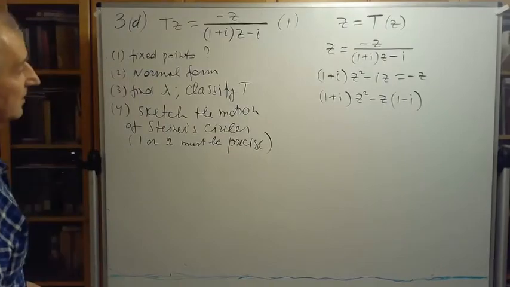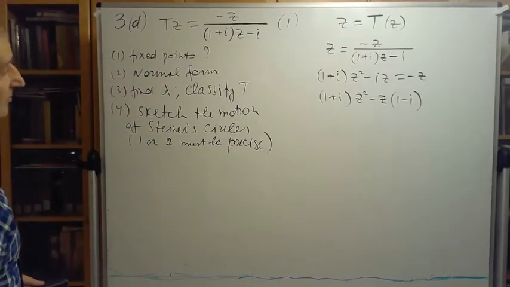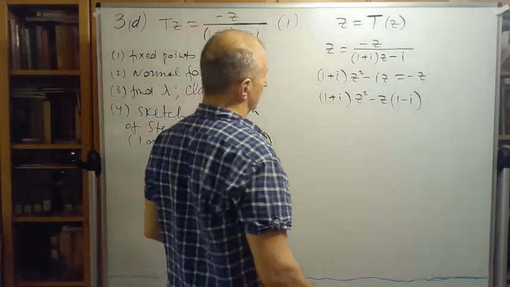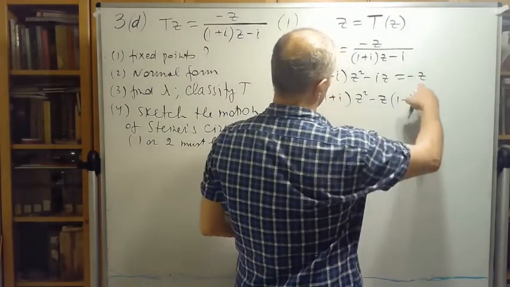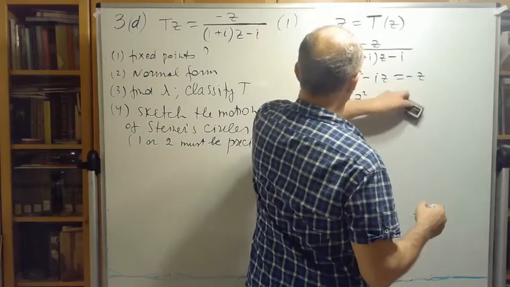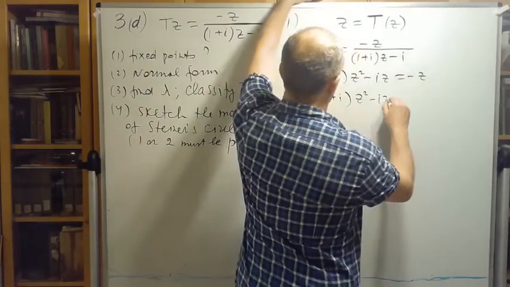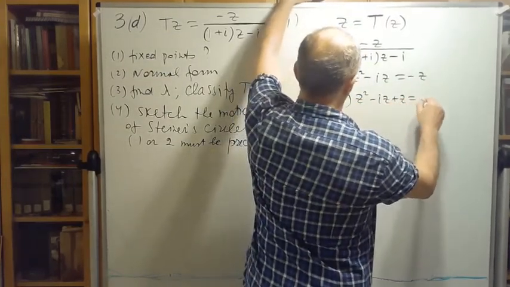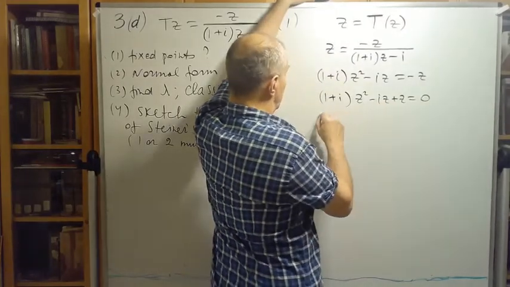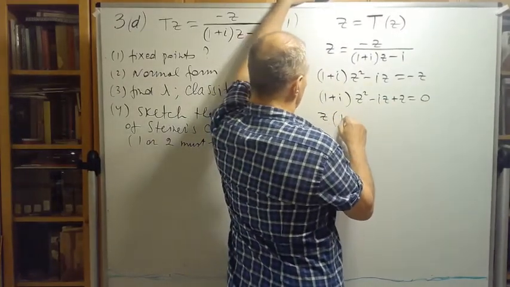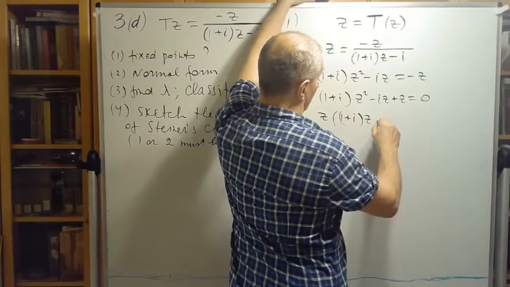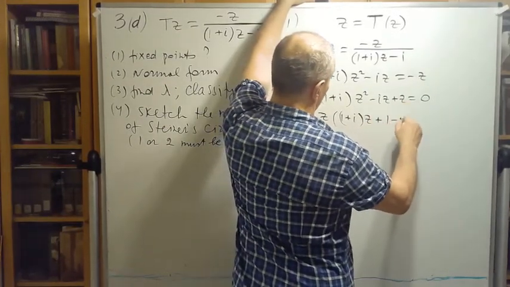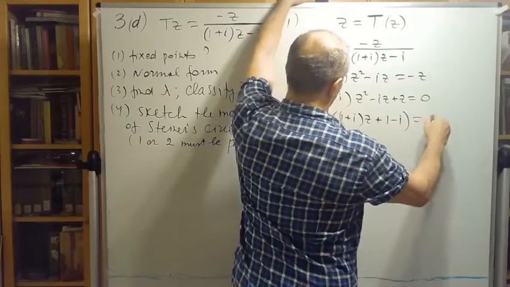iz plus z equals 0, where bringing z over gives 1 minus i. Factor out z, we will have z times ((1 plus i)z plus 1 minus i) equals 0.